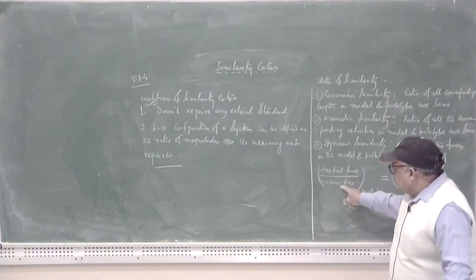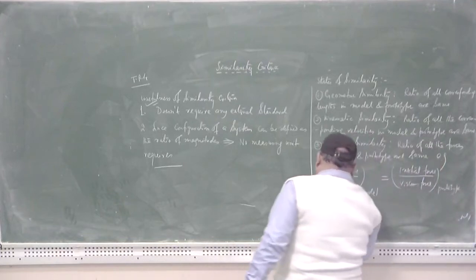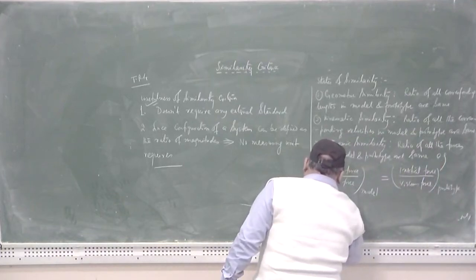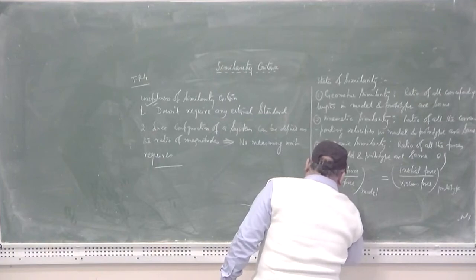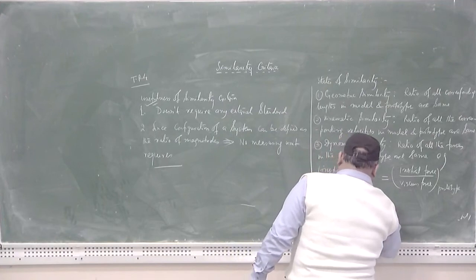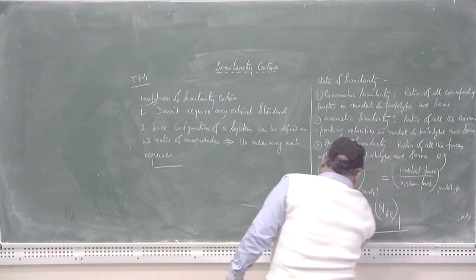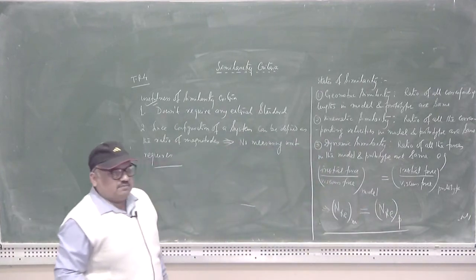Now, inertial force divided by viscous force is the Reynolds number. That means the Reynolds number for the model should be equal to the Reynolds number for the prototype. So, this is one of the conditions for dynamic similarity.